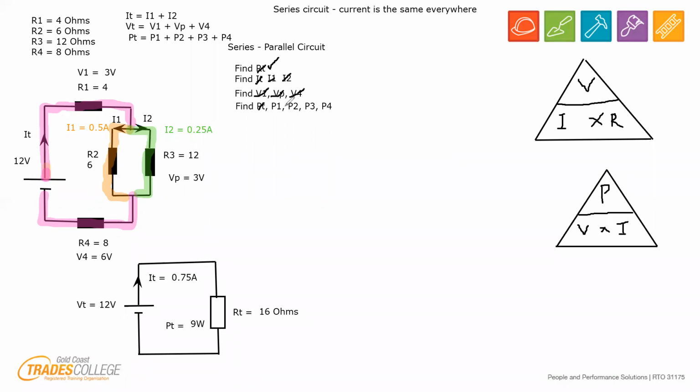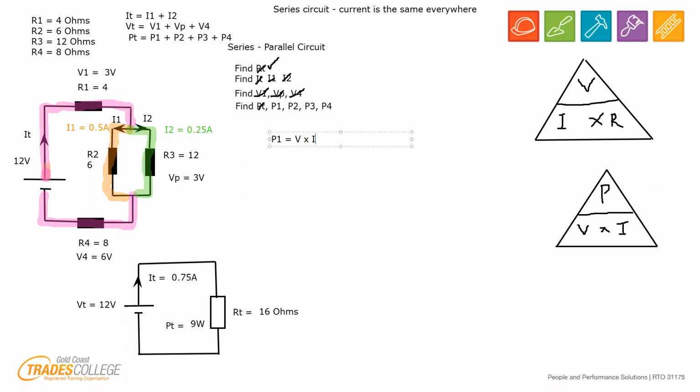Now we can work out the last four, add them up, and they've got to equal PT. Remember we're using the bottom triangle this time. So P1 we need to work out. P1 is V multiplied by I. This is where people go wrong.